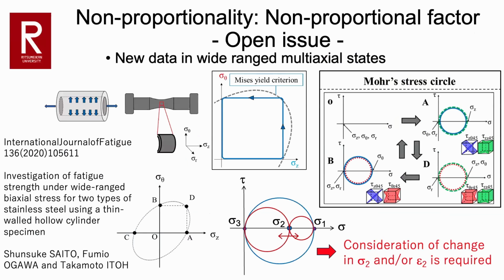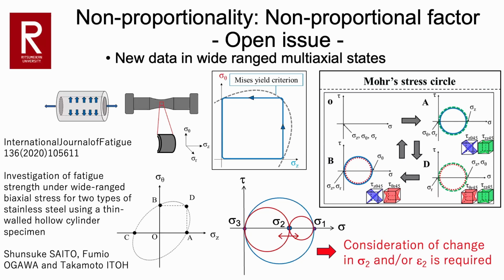In a previous study, almost 10 years ago, I performed a test with tension and inner pressure loading using the Chisholm specimen. In that case, the maximum principal direction is changed in this direction or in this direction. I performed several parts of the test.